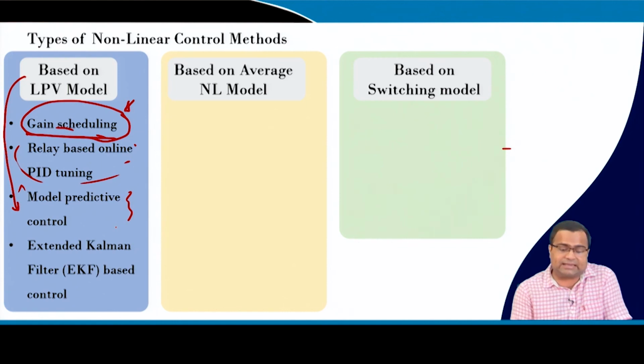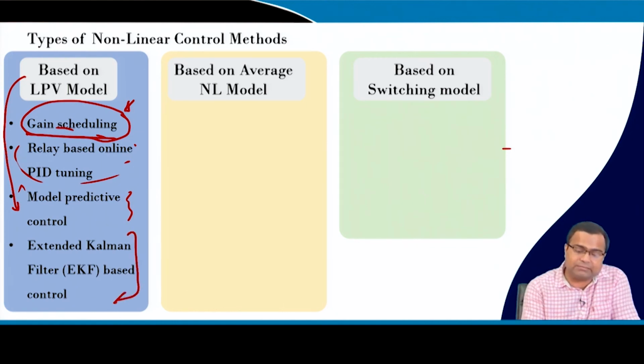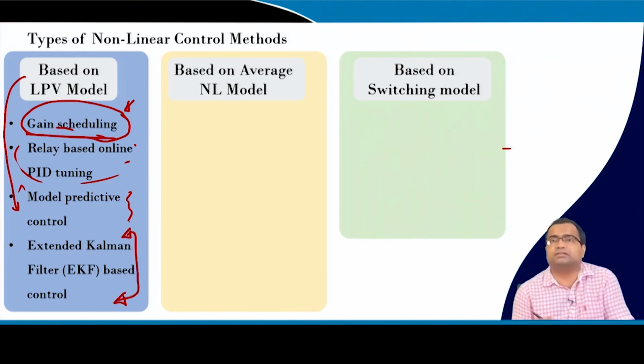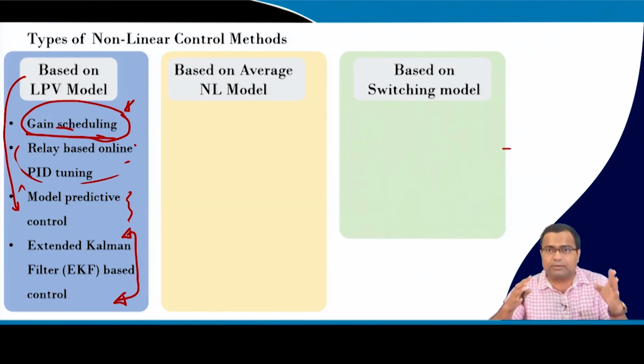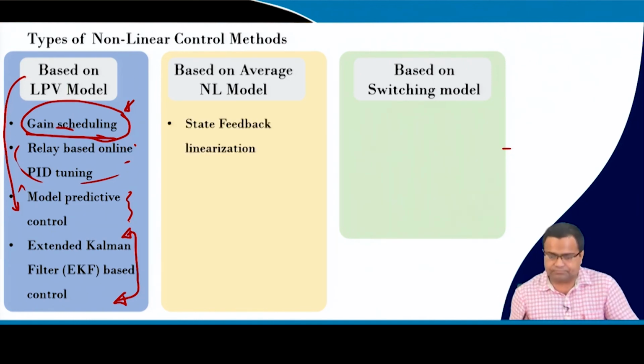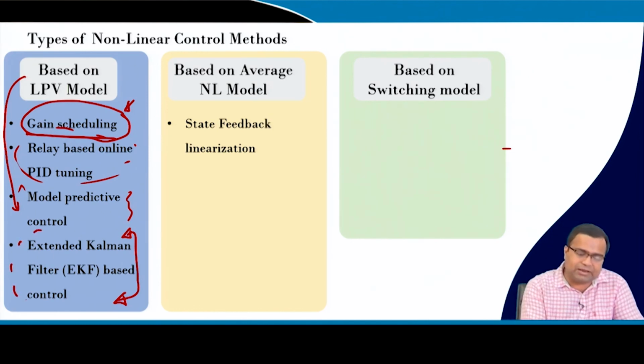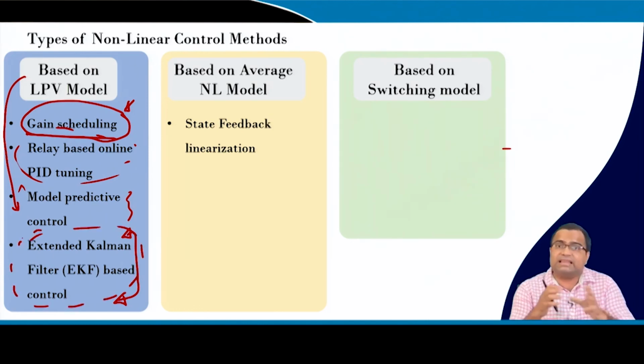You can also use extended Kalman filter based method, because you may consider the stochastic system with unmodeled dynamics as well as the process and measurement noise. So then you can use the extended Kalman filter concept. But with this technique you linearize the system around some operating condition and then apply the Kalman filter, right.